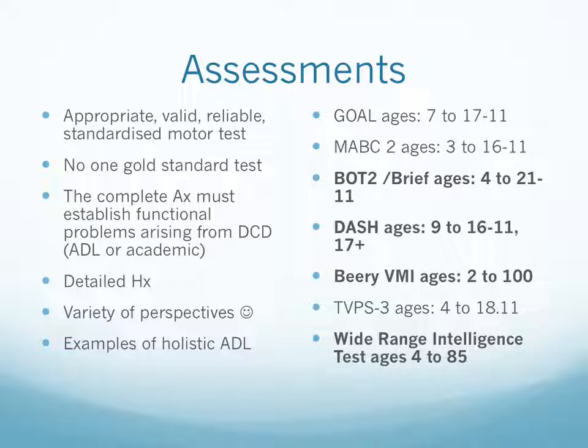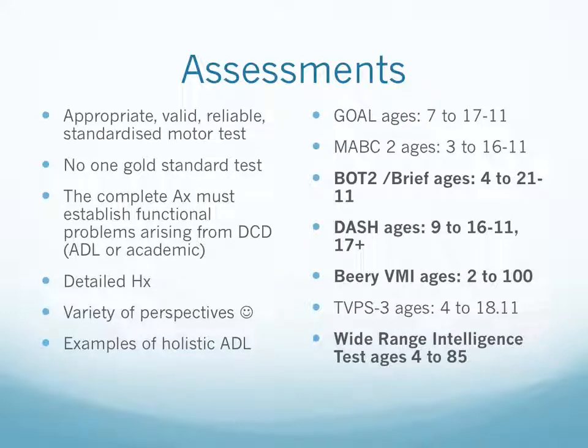So you've got two versions, the one that goes up to age 16 and the one that's normed for 17 plus into young adulthood. Then we've got the BERI, Visual Motor Integration Assessment, valid from age 2 all the way up to 100, looking at visual discriminatory ability and also fine motor precision control.